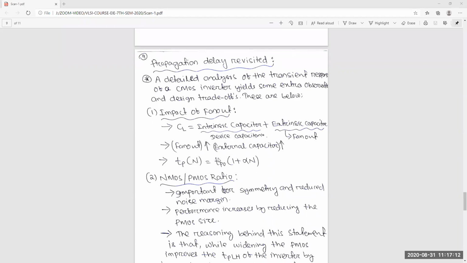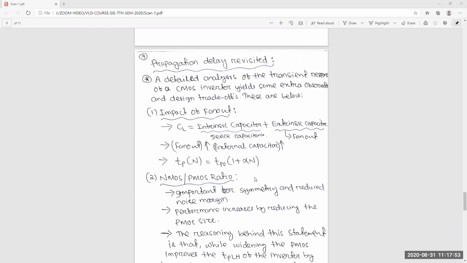If the number of fan out gates is N, you can calculate 1 plus alpha N. Alpha is a linearized term, because the capacitance does not exactly depend linearly on the number of fan outs. That is why some constants are mentioned here. In this way you can calculate the impact of fan out.